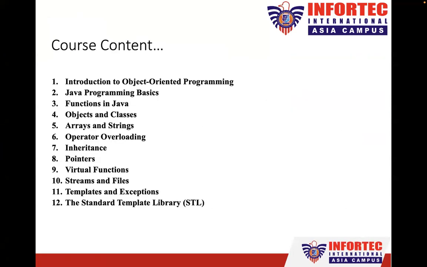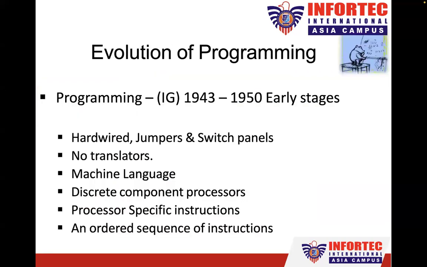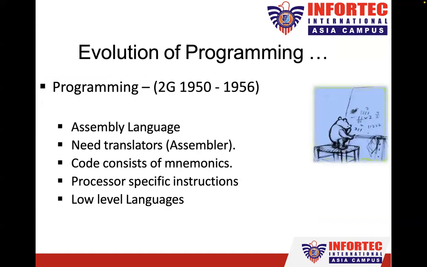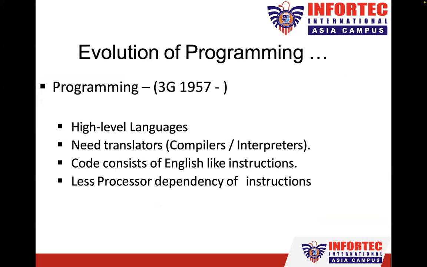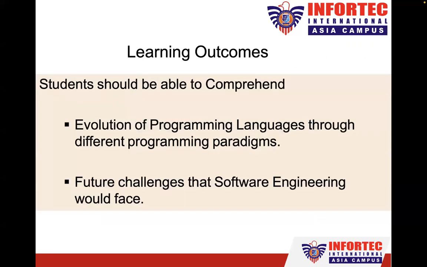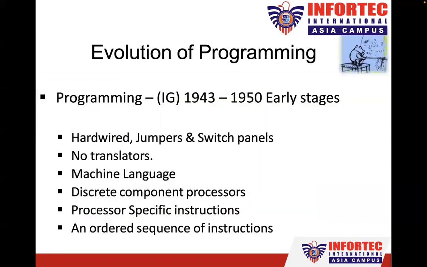We started the unit and discussed the evolution of programming. I discussed three generations: generation 1, generation 2, and generation 3. When it comes to the three generations, the only thing you should focus on is what happened in each generation. For example, the first generation was the period when programming was introduced to the world.